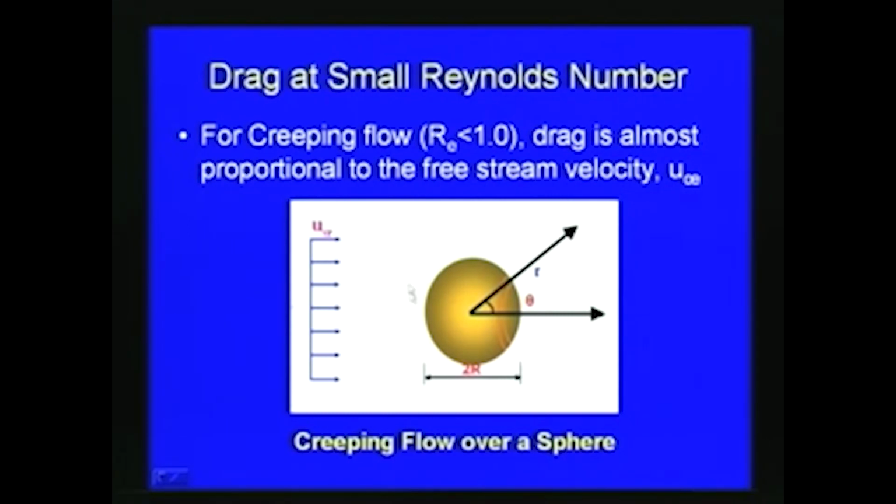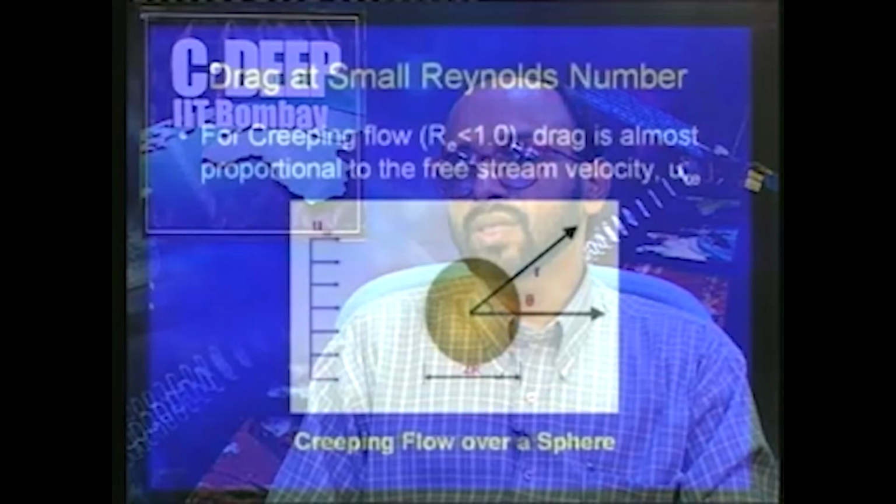Stokes conducted a number of experiments with respect to the drag effect, especially for small Reynolds number, when the Reynolds number is less than 1. This category of flow has been classified as creeping flow, which we discussed earlier. Through experiments, Stokes showed that the drag is proportional to the free stream velocity u infinity.